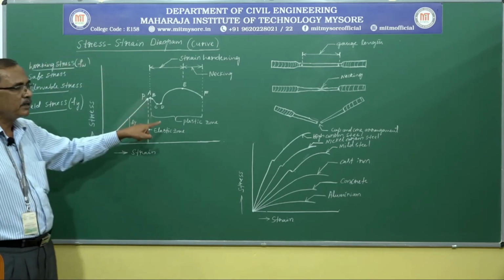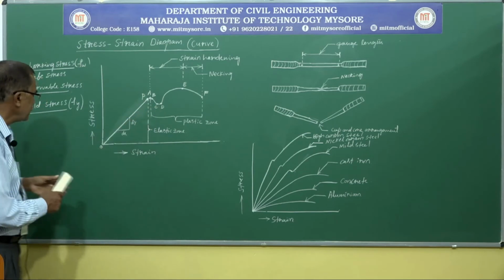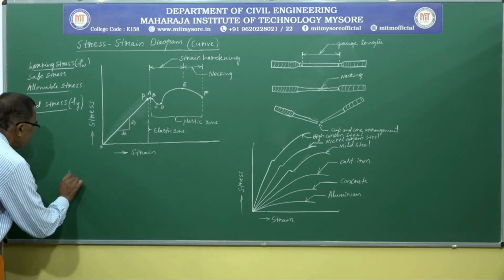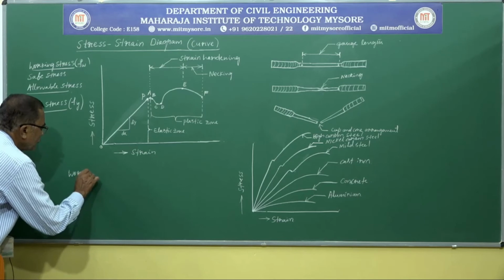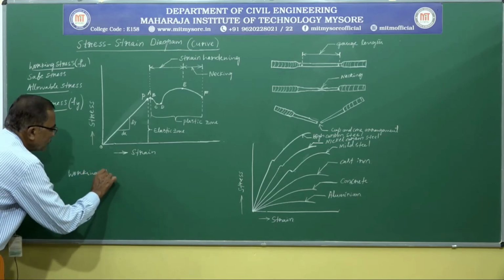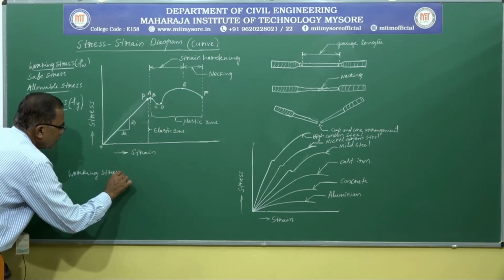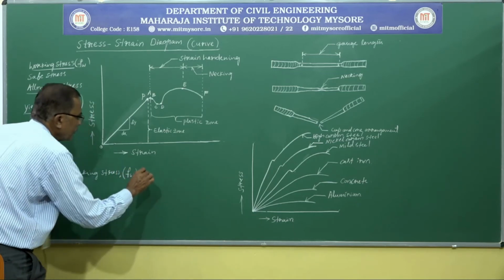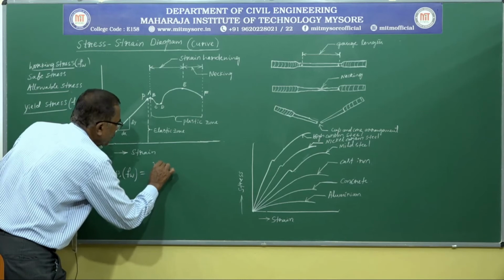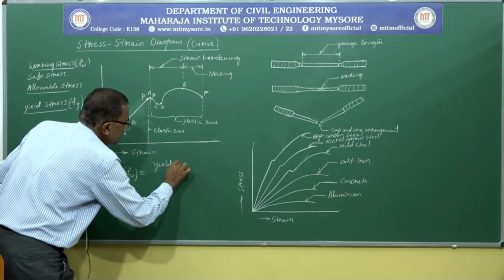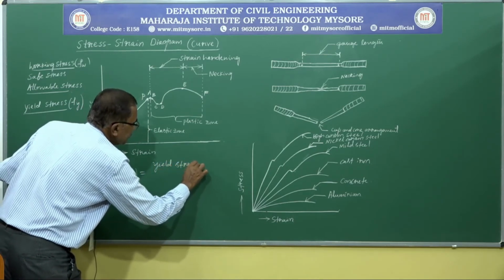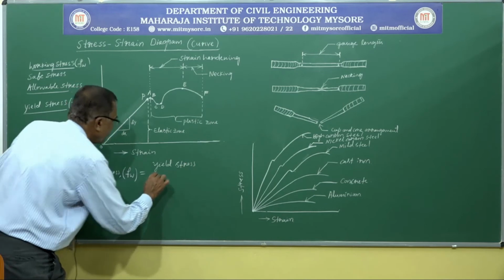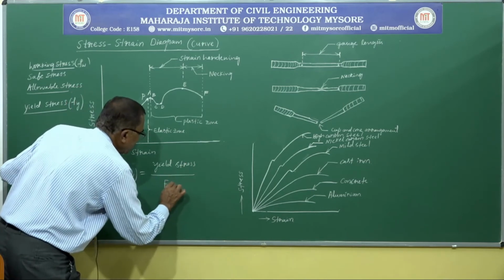If the material is a ductile material, working stress Fw is equal to yield stress divided by factor of safety.